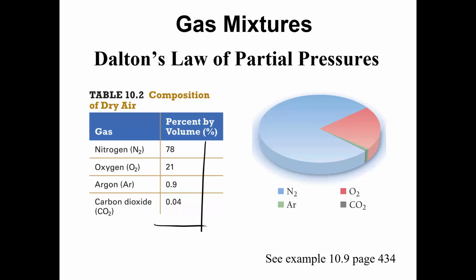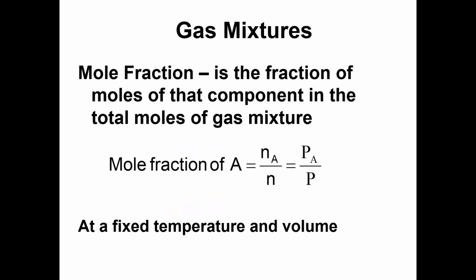It's not very much, right? Those are the percents, which are part divided by total times 100. If you leave the times 100 out, that would be just a fraction, right? And so a pressure fraction and a mole fraction would be here, kind of like that. So the mole fraction is equal to the pressure fraction, right?